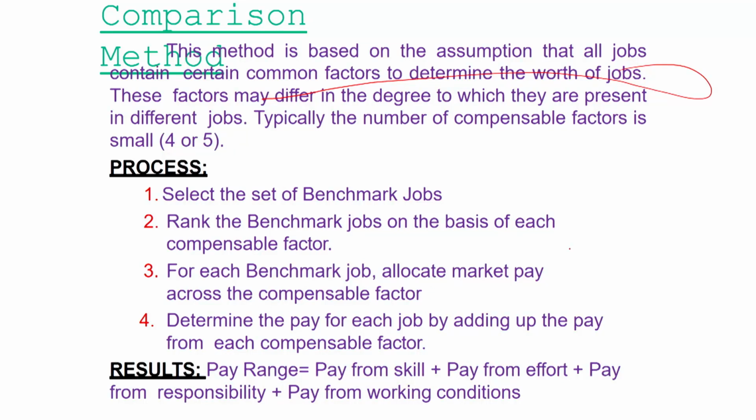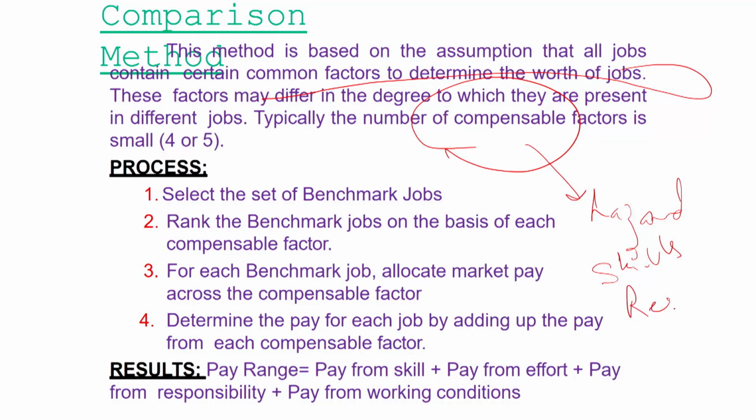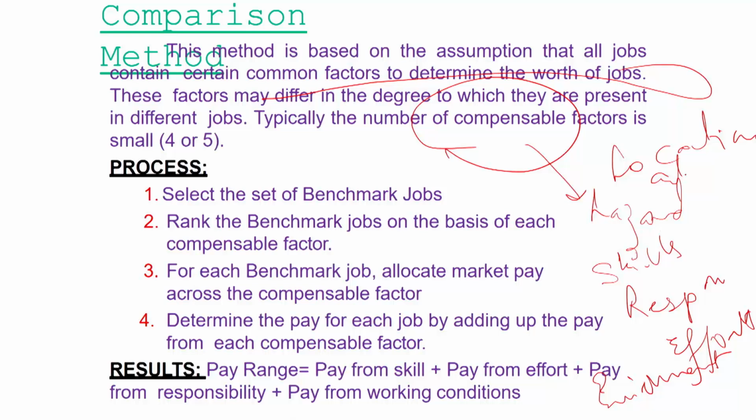I am sure that by this time you know the meaning of compensable factors. Anything related to the factors, for example hazards. Again, I am just telling you so that you can understand better. It can be related to hazards, skills, responsibilities, efforts, environment, location, abilities, and a lot of other things also.